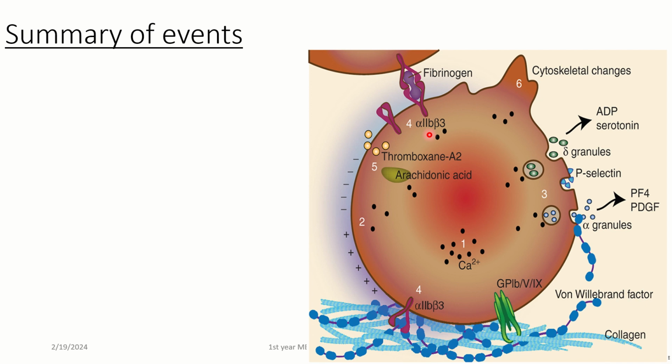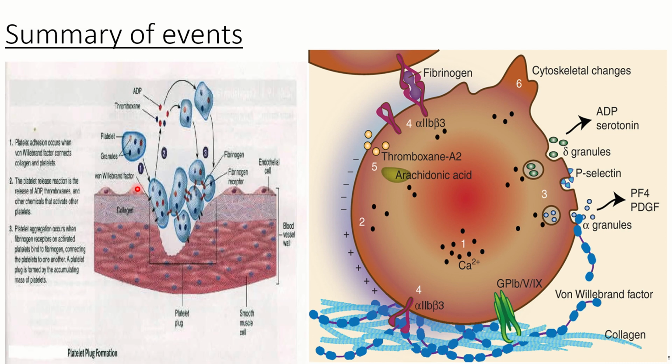The platelet plug is a result of fibrinogen connecting the two platelets, right? That is the essence of platelet aggregation. So this again, another summary to help you remember and understand.